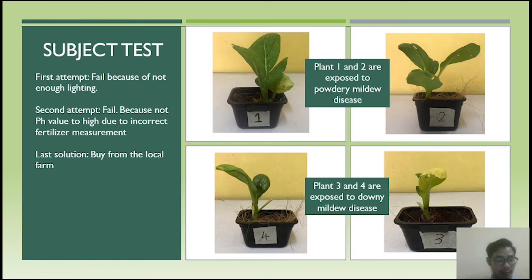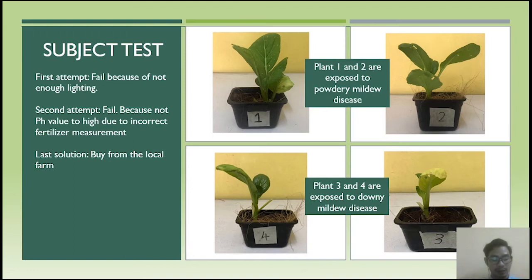Next is the subject test. The subject test in this project is choisam plant. This project required growing the choisam in vertical farming to collect the data. The first attempt to grow the choisam failed because of not enough lighting.